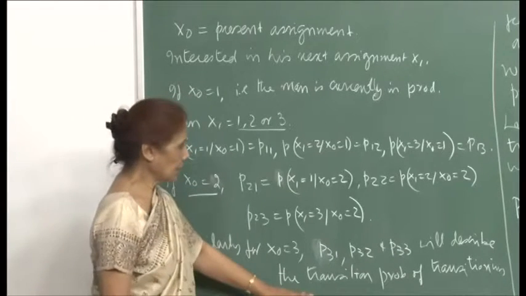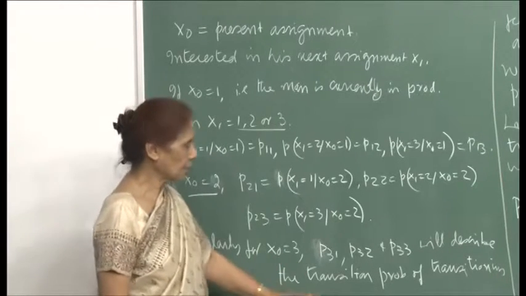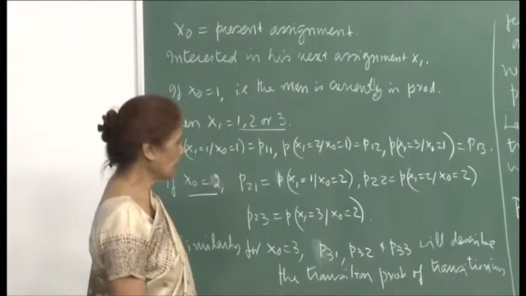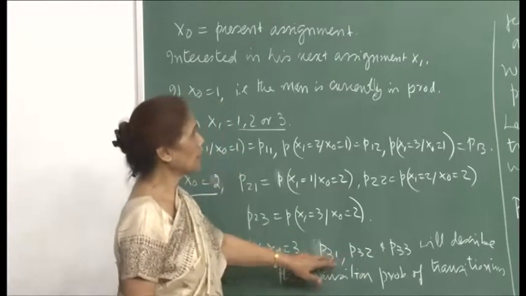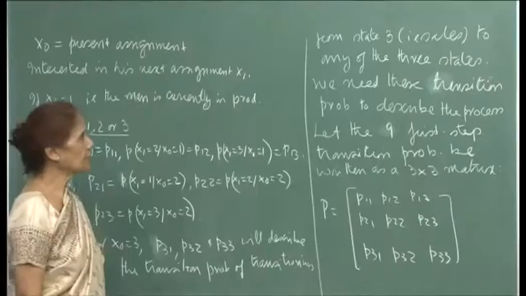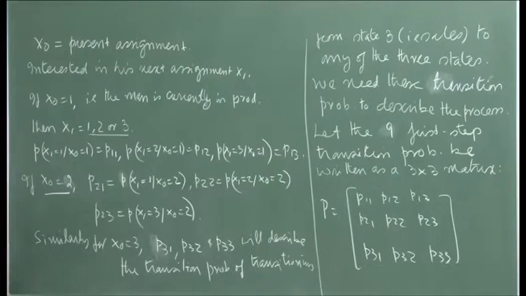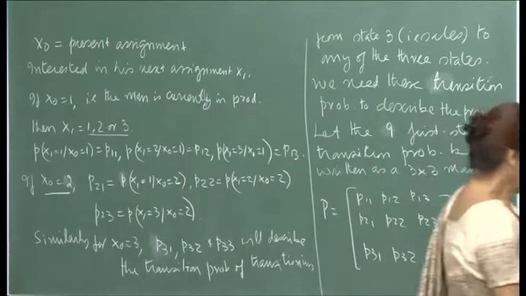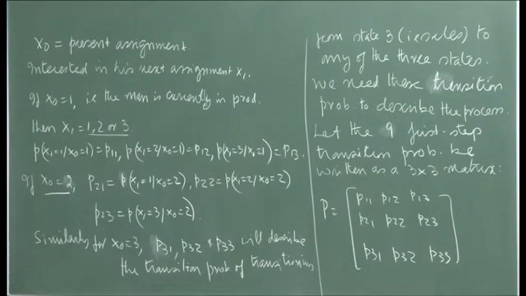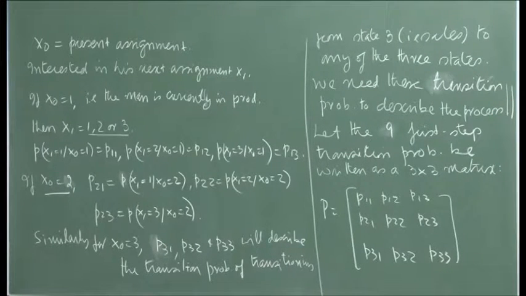So these we call one step transition probabilities, though I am not saying it all the time, that is understood. So here these 3 probabilities give you the transition probabilities of transitioning from state 3 to any of the 3 states. Now of course we will see that this is not a complete description of the process, and as we go along we will find out what more we need, but let us first look at this.